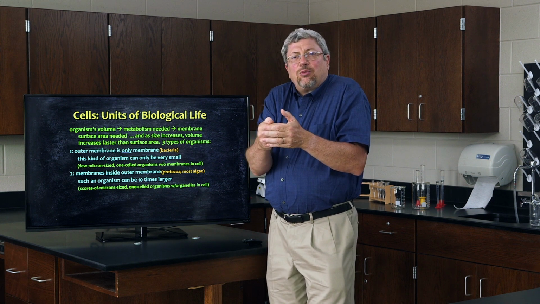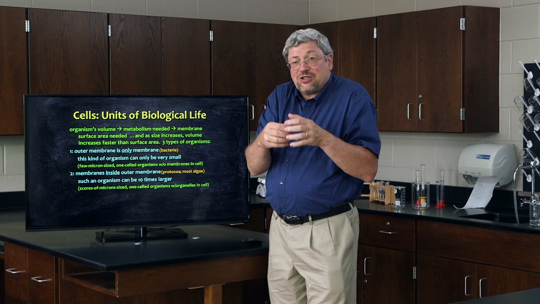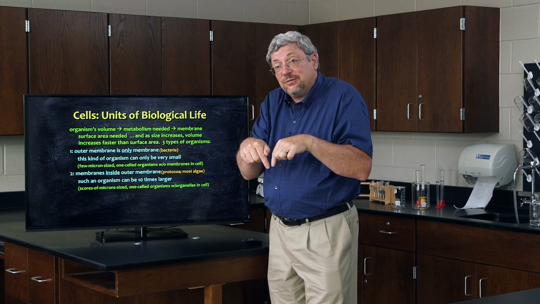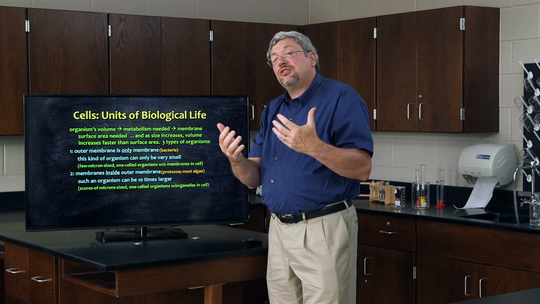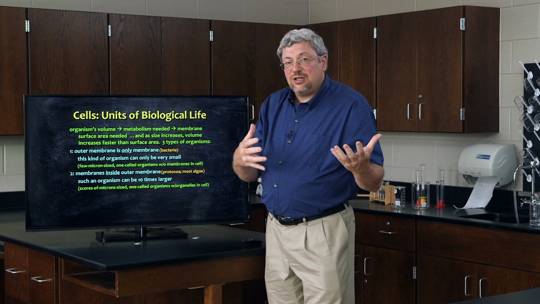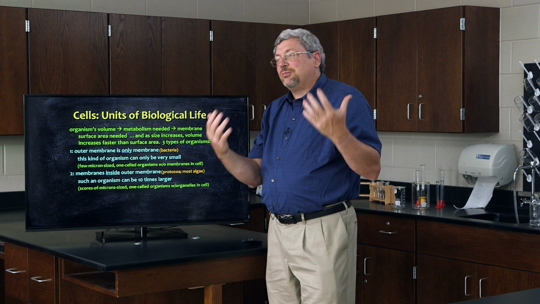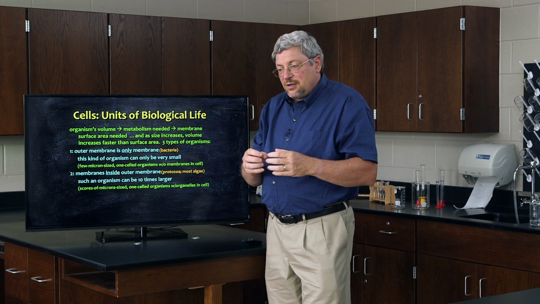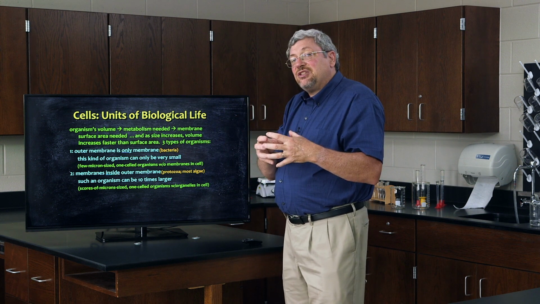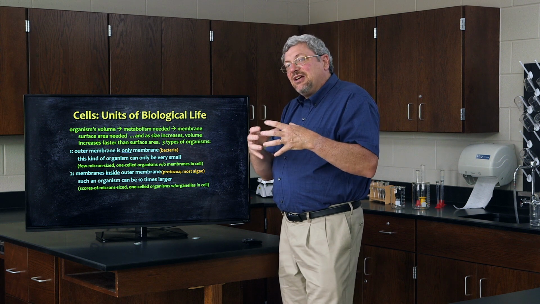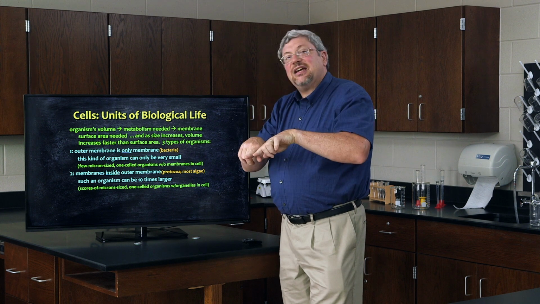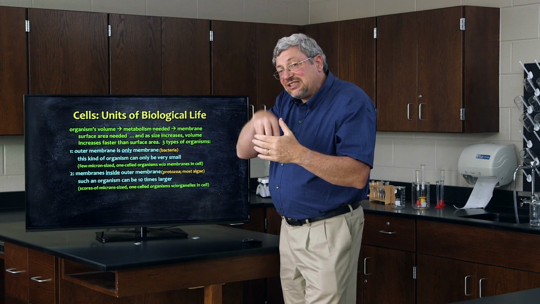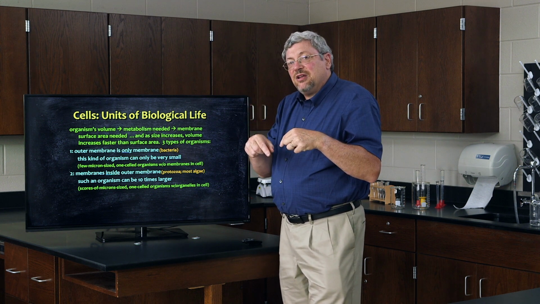These membranes produce little round or other shaped objects inside the cell called organelles that can produce all sorts of extra surface area for the cell to get its energy, to make its molecules, to break down its molecules, etc. So as you get bigger than a bacterium, you end up having a cell that doesn't just have an outside membrane, it has inside membranes as well. It has organelles inside the cell with membranes.